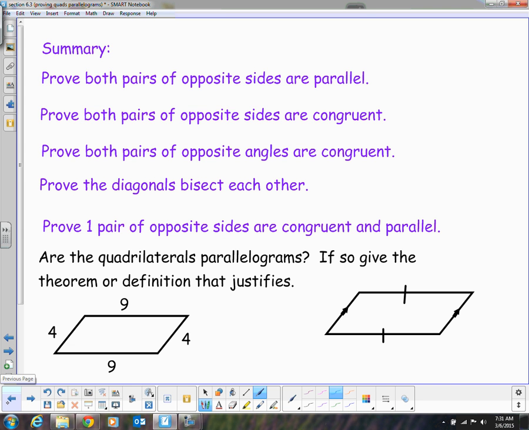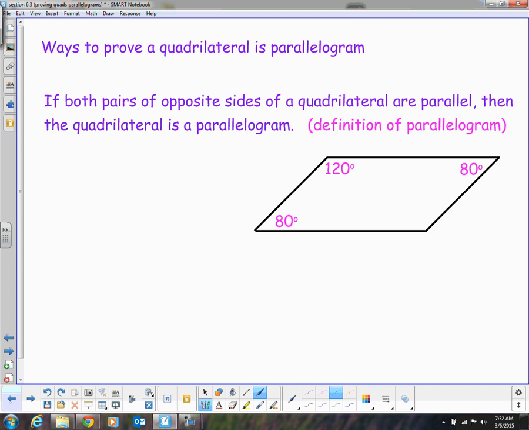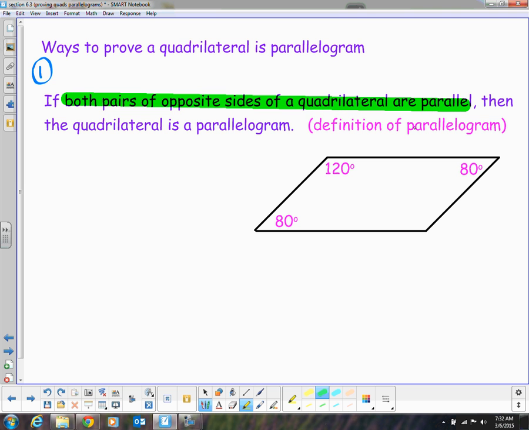So these are 6-3 notes. The first way to prove a quadrilateral is a parallelogram is if you know both pairs of opposite sides are parallel.